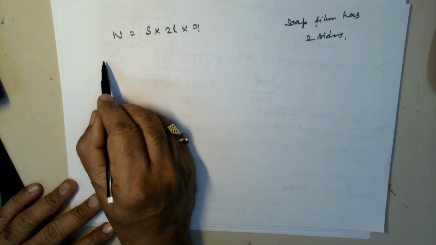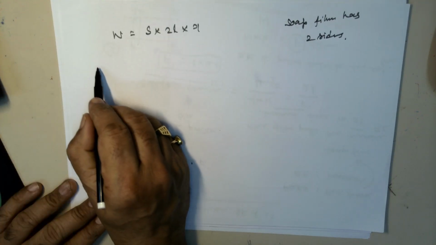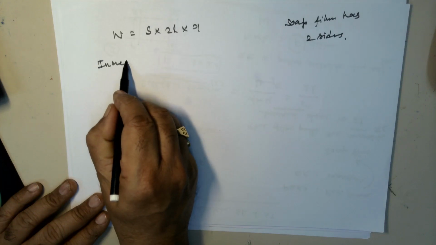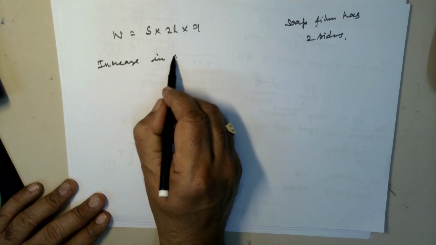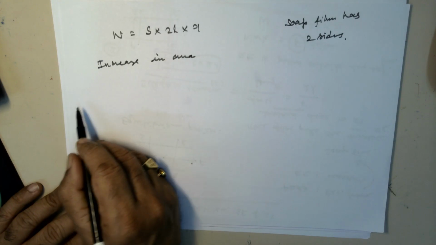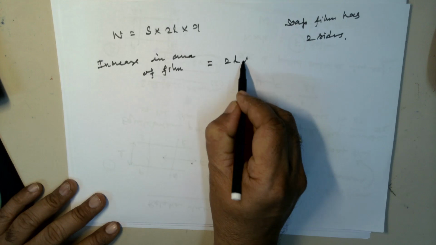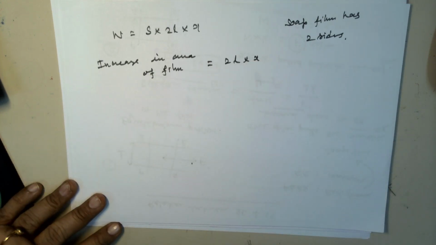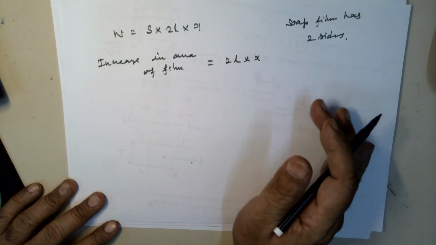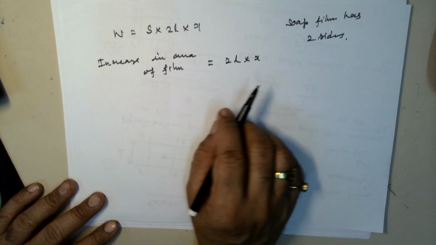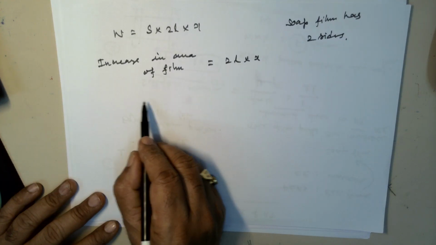Let us talk about the increase in area of the film. So this is nothing but 2L into X. We had to include both sides, so that is why we have put 2L into X.